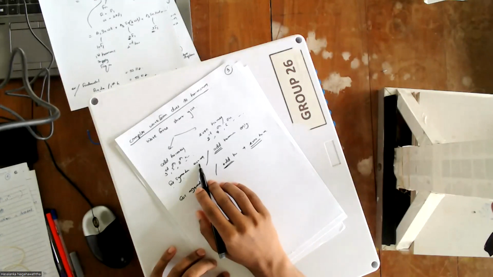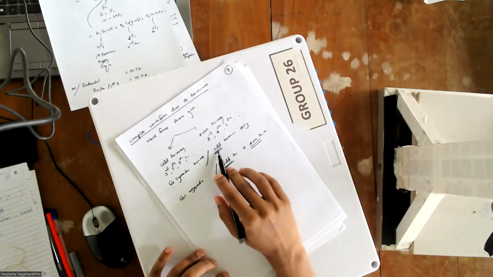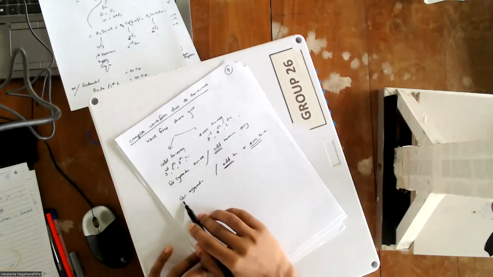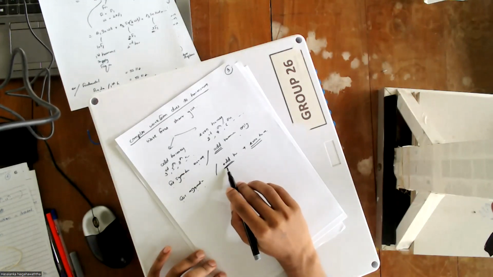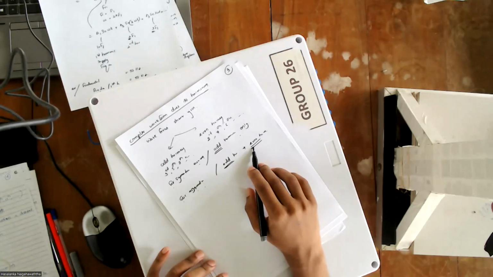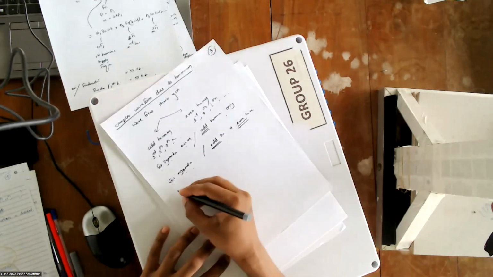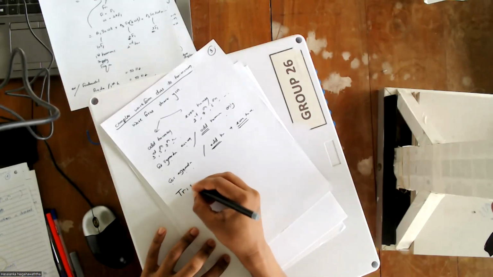For symmetrical waveforms, we only see odd harmonics. For asymmetrical signals, we should be able to see odd and even harmonics. Okay. Then we have triple-n harmonics.